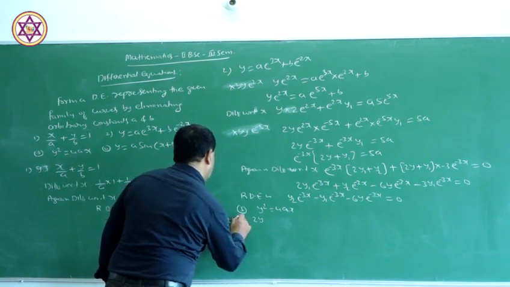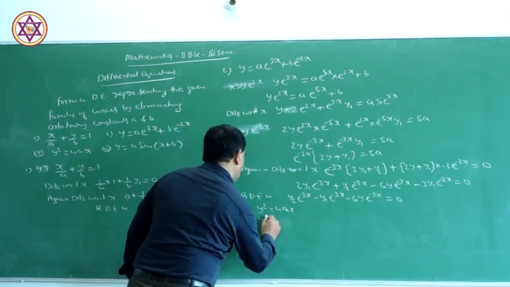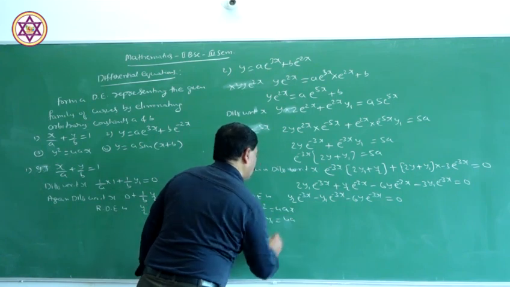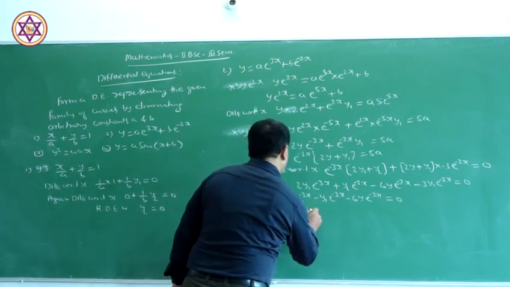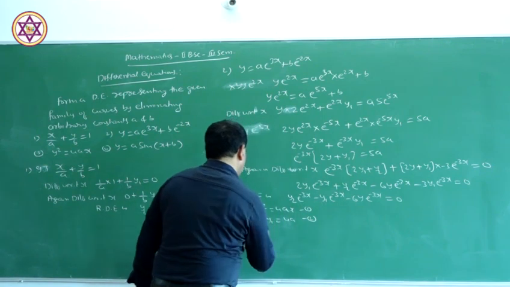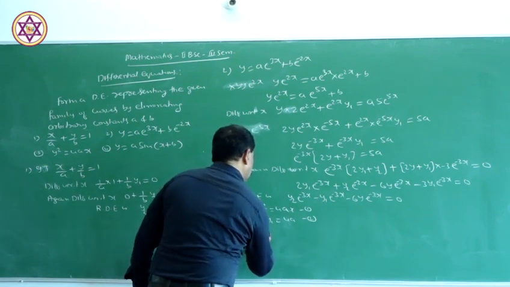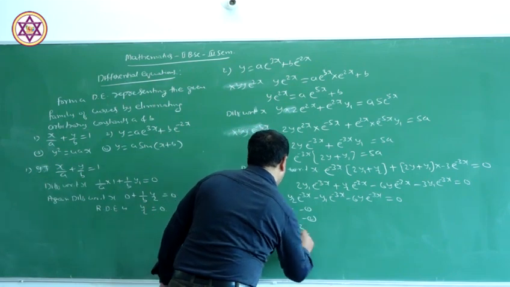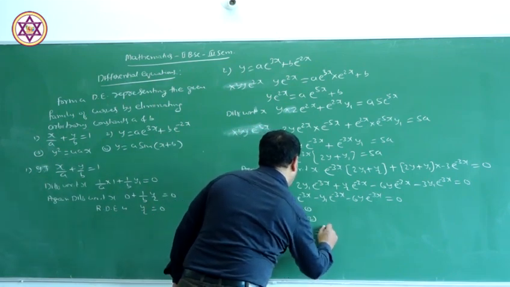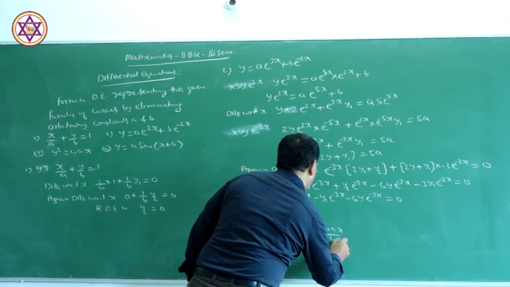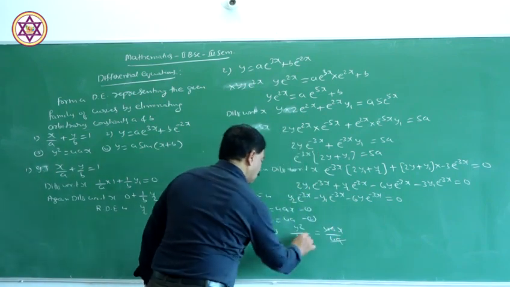Differentiate with respect to x. 2y y1 = 4a. Next, this equation we call number 2. So we get 1 divided by 2, y squared divided by 2y y1 equals 4ax divided by 4a. 4a gets cancelled.